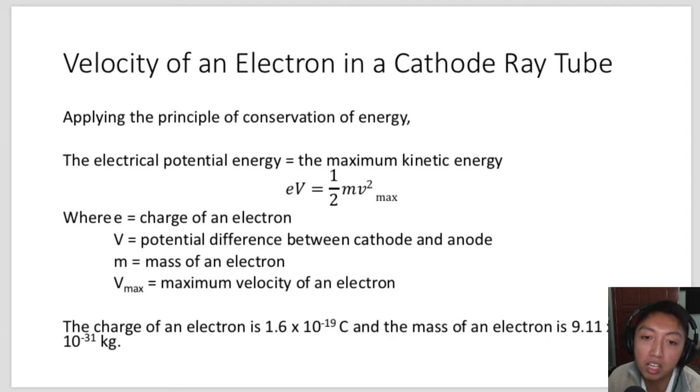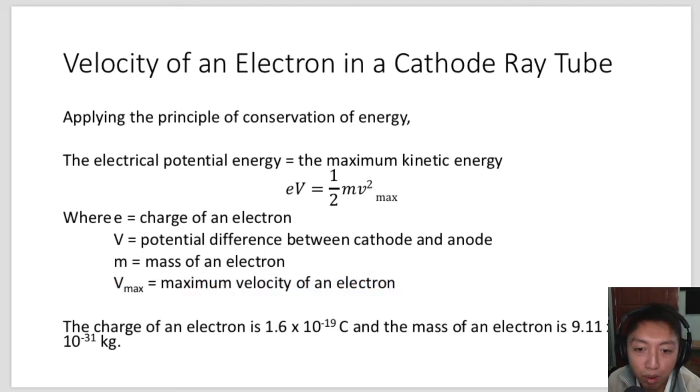So the formula eV, the first formula that we learned just now, equals 1/2 mv squared max, where e equals charge of an electron. Capital letter V is the potential difference between cathode and anode, so how many volts. m is the mass of an electron, and v max, this should be small letter v, I'm sorry, is the maximum velocity of an electron.